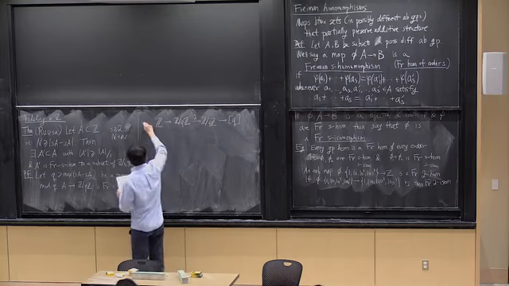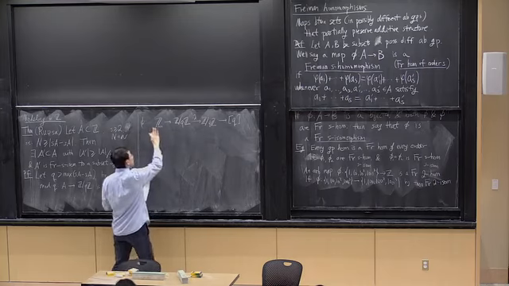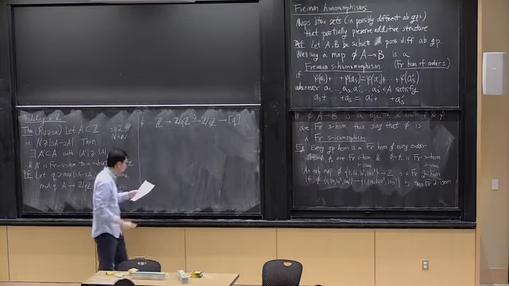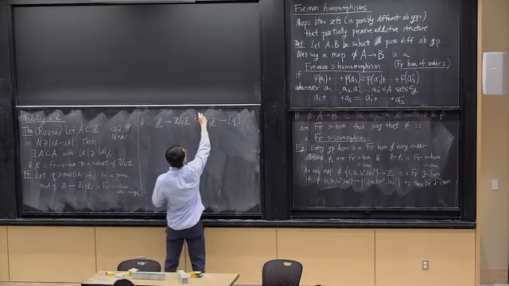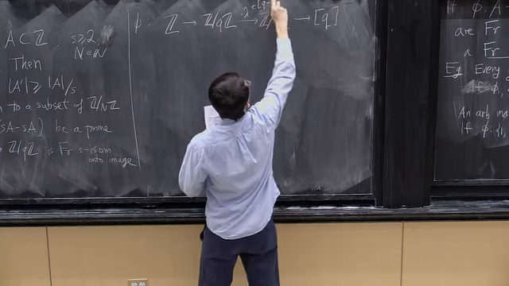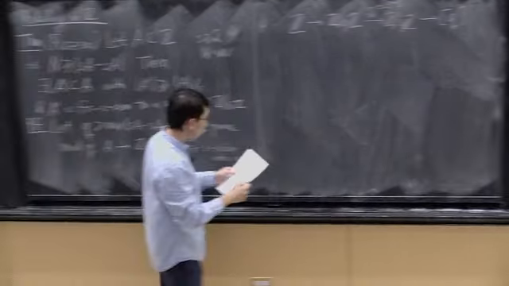Let me denote by phi this entire composition, from the beginning to the end. And lambda here is some element between 1 and Q minus 1.